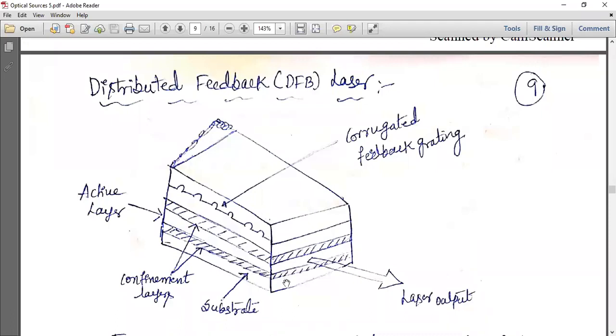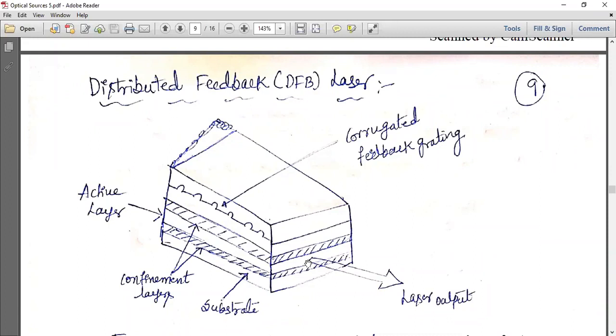So it is a double heterostructure itself, the same as what we discussed in the LED. The recombination of electrons and holes will happen in the active layer, and that recombination leads to light. Initially, the electrons and holes recombine. Absorption may take place, or once they recombine, they generate energy, they generate light.